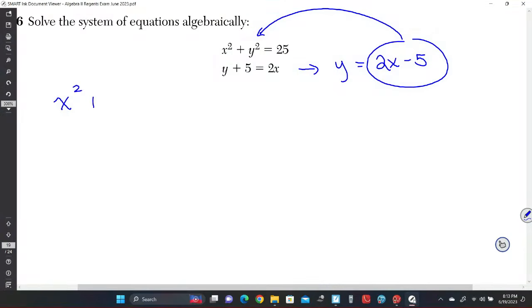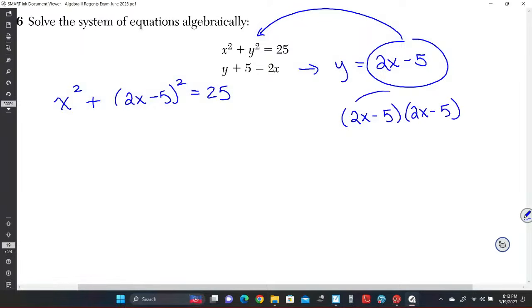So I'm going to have x squared plus (2x minus 5) squared is equal to 25. Now I've got to square out 2x minus 5. Some of you, I'm sure, can do that in your head, but others are going to want to FOIL it out, and we'll get 4x squared and minus 10x and another minus 10x and then a plus 25.